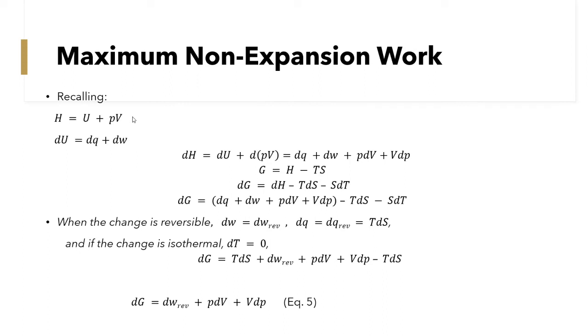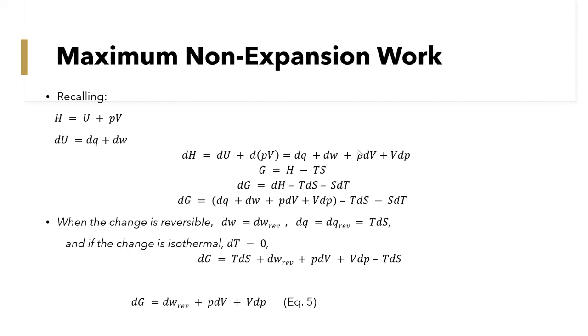So let's combine these two together. So dH is equal to dU plus, we take the derivative of that, which gives you dq plus dw, and if we expand this, you have PdV plus VdP. Now you also know that G is equal to H minus TS. Take the derivative of that, so you have this.